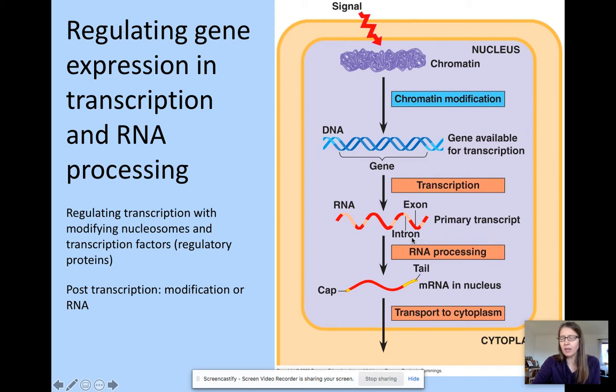So there's different ways that mRNA can be spliced and put together that can result in a different protein. So we're going to look at that in detail in another screencast. And then finally, the environmental impact on gene expression. So at the environmental level, all of this can be affected as well. All right, so we're going to dig into these first couple, regulating transcription with modifying nucleosomes and transcription factors.